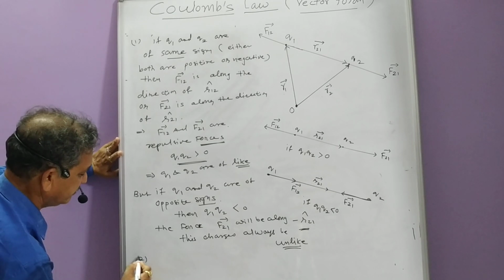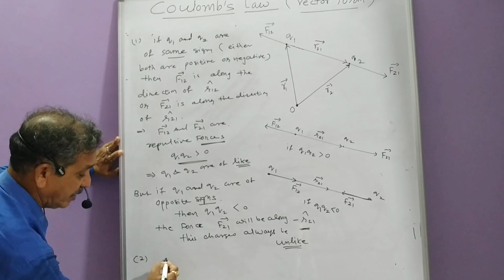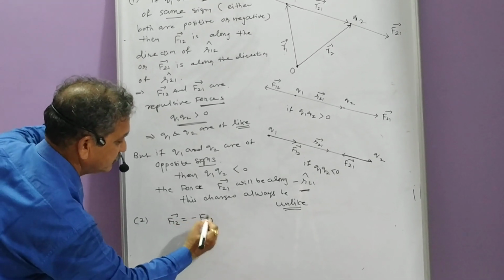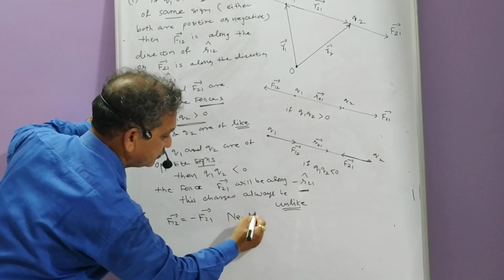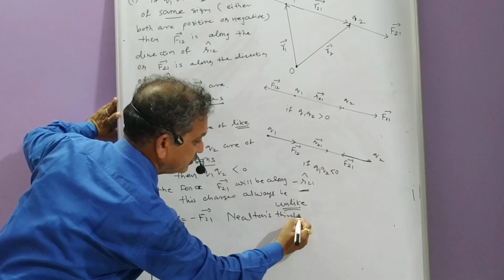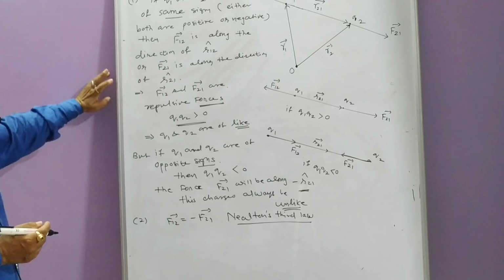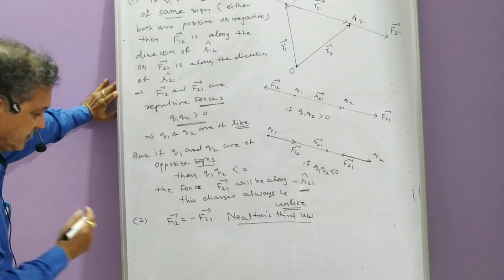Then the second point, as we are seeing, F12 is minus of F21. It means what? Here Newton's third law is obeyed by these Coulombian forces between the charges.